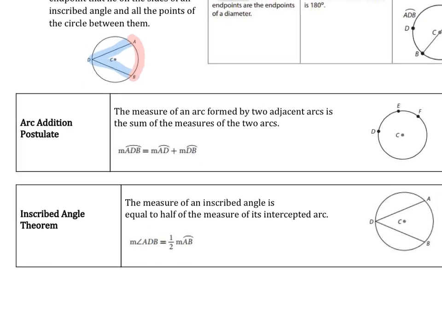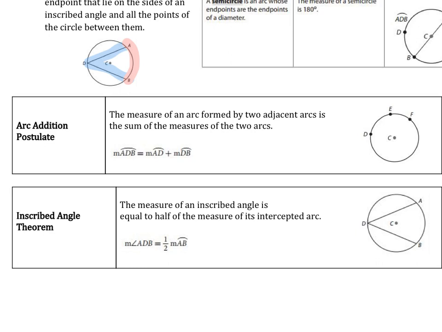Okay, so I want to talk about 2 different postulates and theorems that we're going to be using today. So the first is called the arc addition postulate. This is really a common sense postulate. It's very similar to the angle addition postulate or the segment addition postulate. All it really says is that a small arc plus a small arc equals a larger arc.